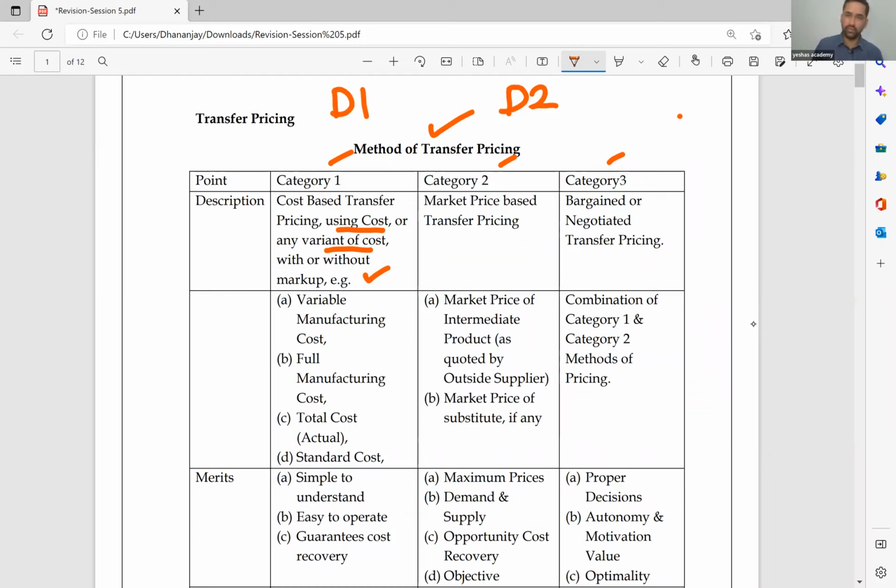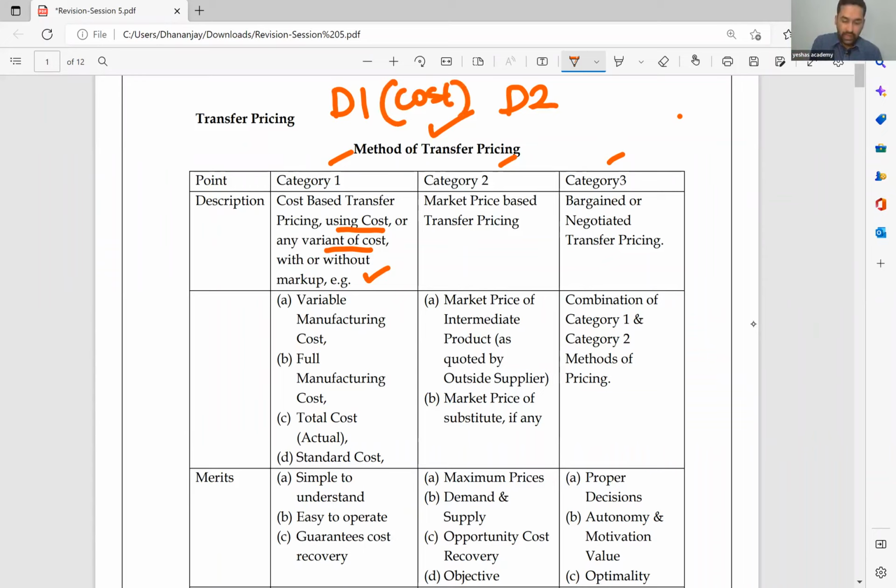For ease of understanding, we will keep this for this entire topic. Department 1 makes the component and they have to transfer it to department 2. Department 2 will assemble it. Now the receiving department is D2, giving department is D1. Now whatever is the cost incurred by D1, the goods will be transferred to D2 at cost itself.